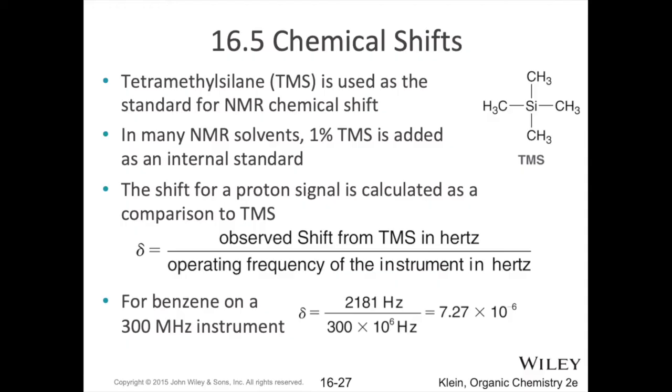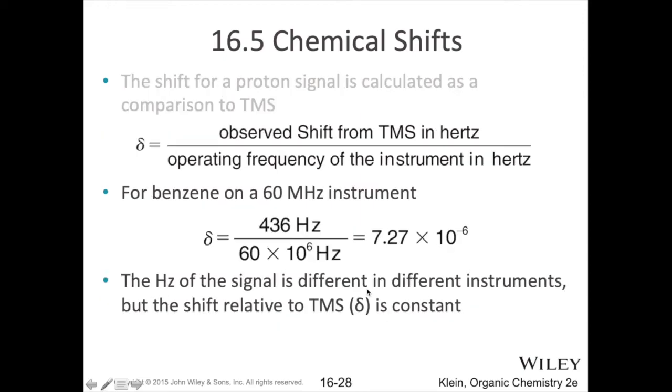And it's represented with the lowercase Greek letter sigma. Okay, so for example, with a 300 megahertz machine, if we look for a particular peak, that machine might give us a signal of 2,181 hertz. Now, with a weaker magnet, let's say a 60 megahertz instrument, that peak might be only 437 hertz away from our TMS peak.